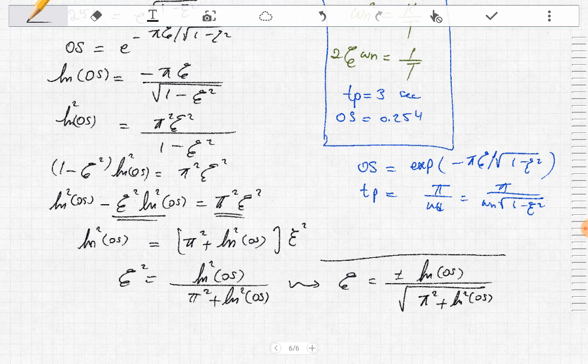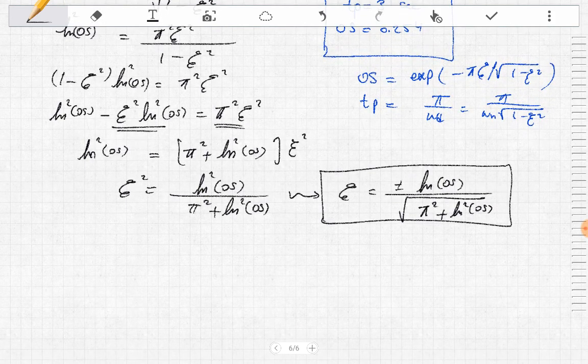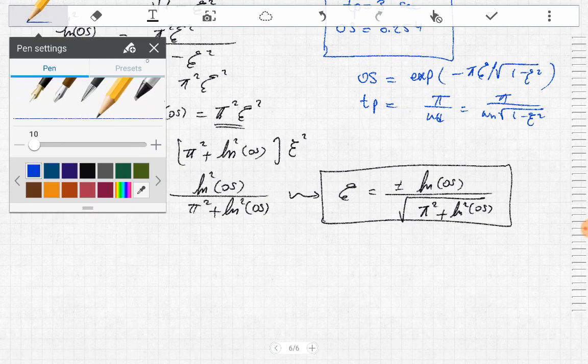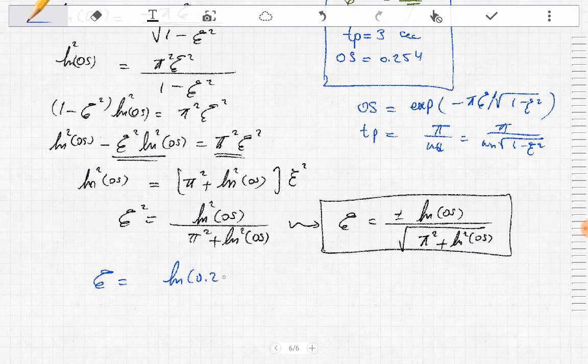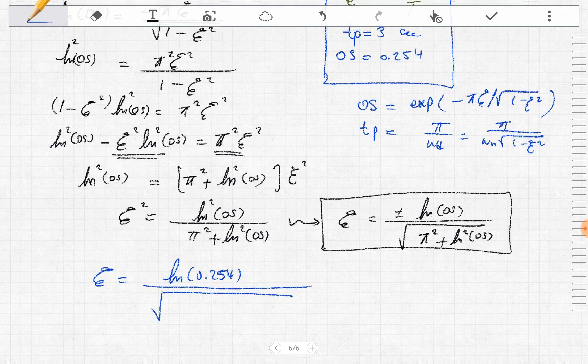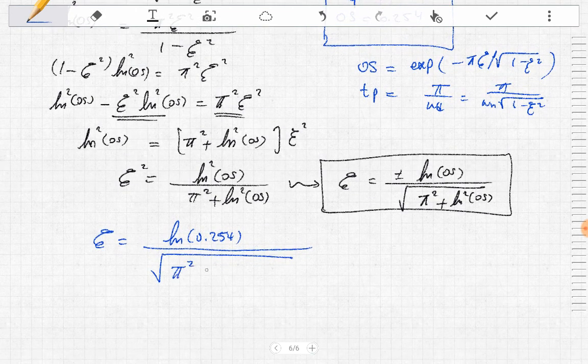So we got an expression. When you have the value for overshoot, you can get eta quickly. So in our example here, eta is equal to ln of overshoot, which is 0.254, given from the graph, over the square root of pi square plus ln square 0.254.